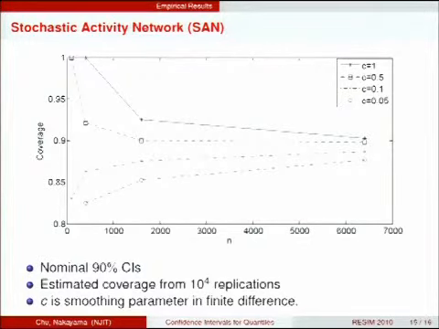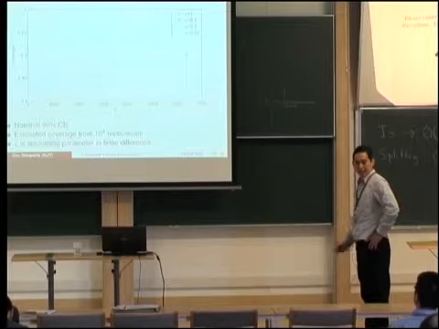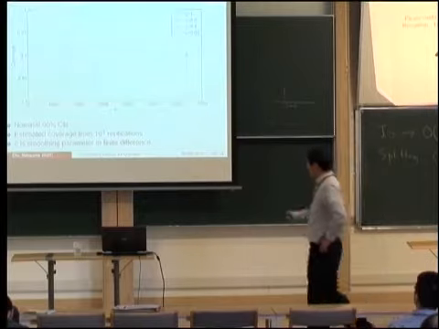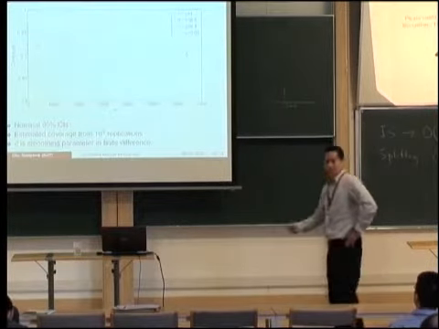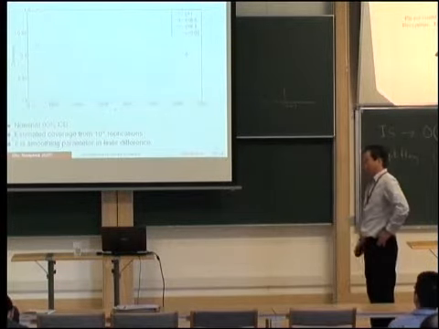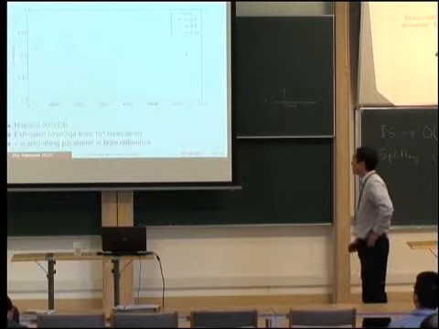We estimated the coverage using 10,000 independent replications. As n gets larger, the curves seem to be converging to 0.9. This seems to validate that the confidence intervals are asymptotically valid.